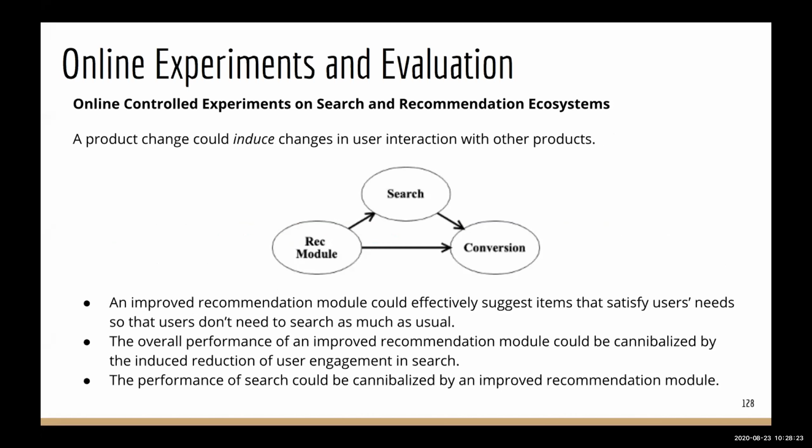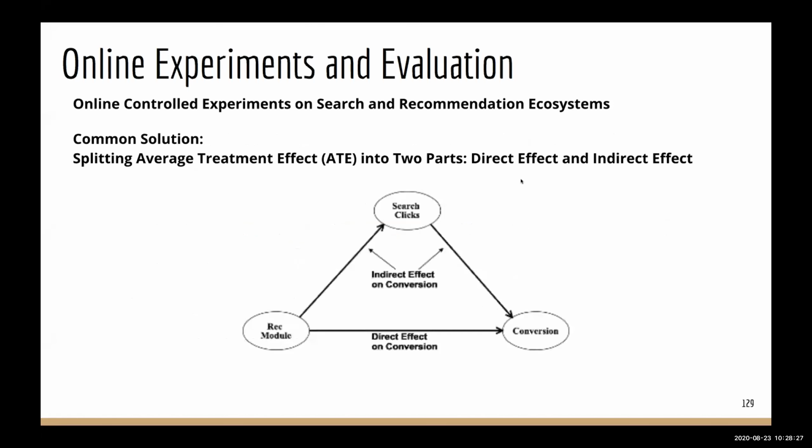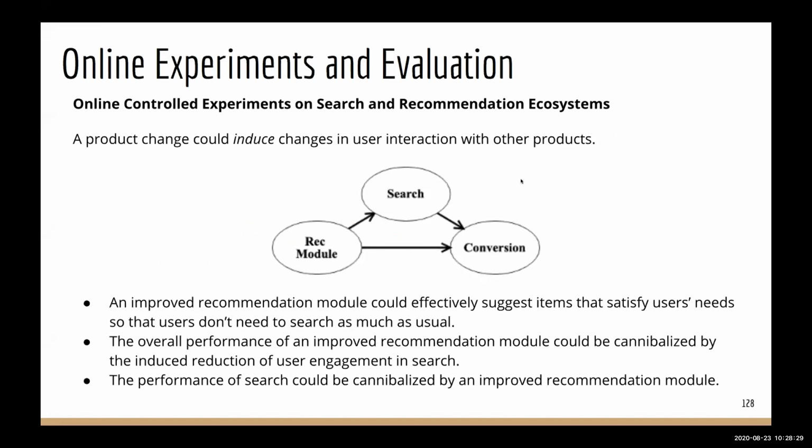The idea is like this, right? We come up with some assumptions about what's going on. The assumption is really something you can think of as a causal graph, right? In this particular case, we assume that both the recommendation module and the search page impact conversion rate, right?